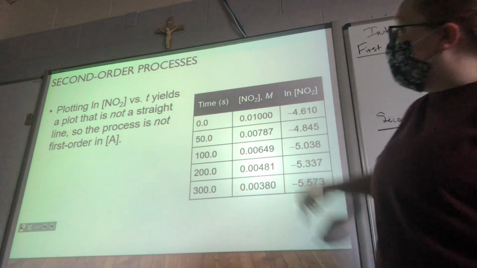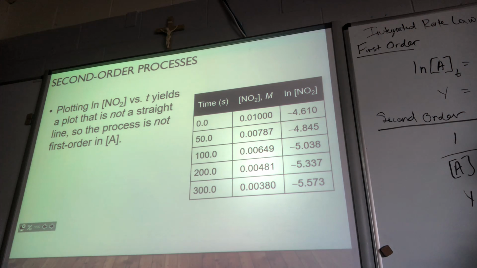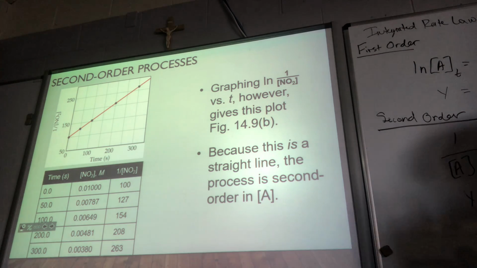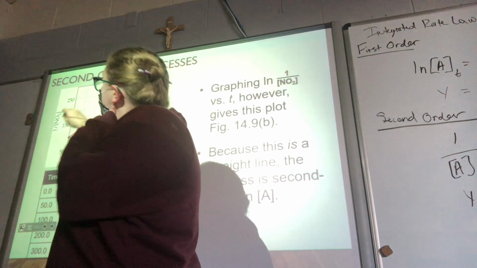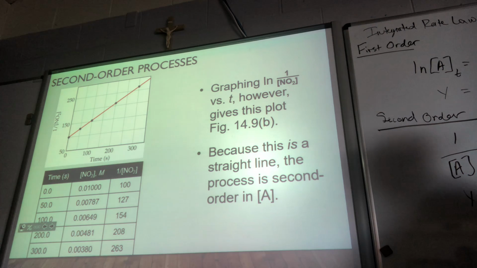If we graph natural log of NO2 versus time, the data does not come out to be a straight line, is what you're being told. So the next step would be then to graph 1 over the data, 1 over the concentration, versus T. When you do that, it did come out to be a straight line, so this is the second order reaction with respect to this NO2.